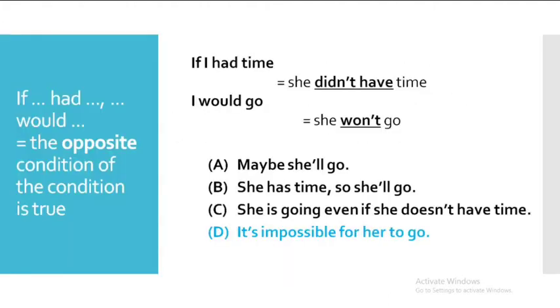Like wishes, the truth, the reality, is the opposite of the condition. So, when the woman said, "if I had time," the reality is she didn't have time. And when the woman said, "I would go," the reality is she won't go. The answer is, it is impossible for her to go.